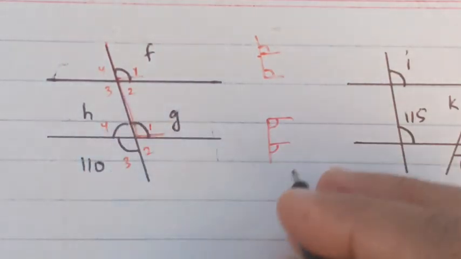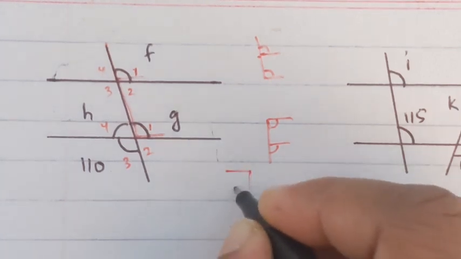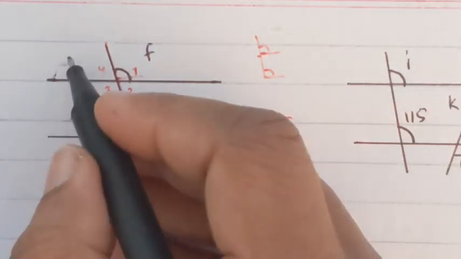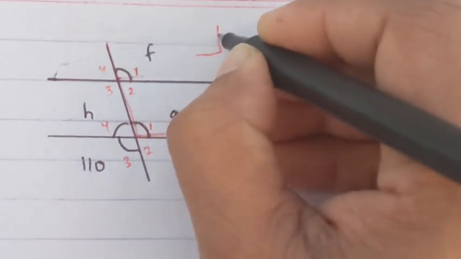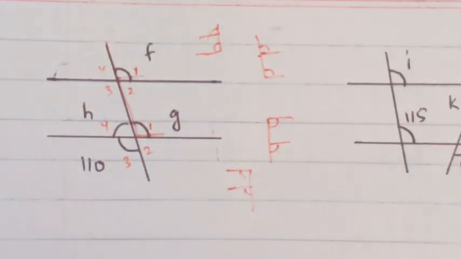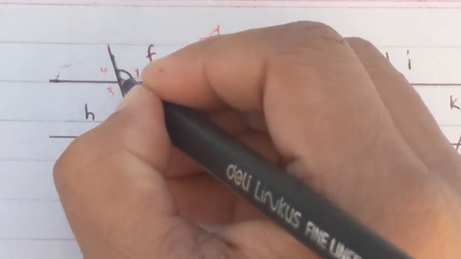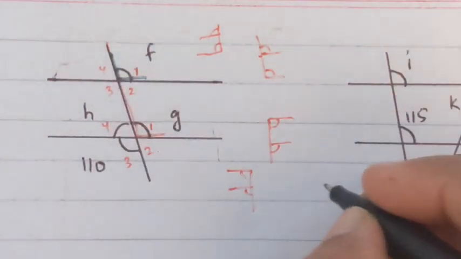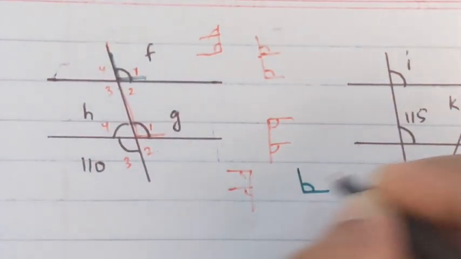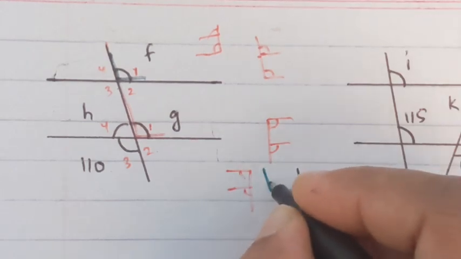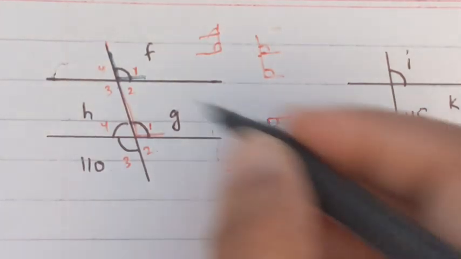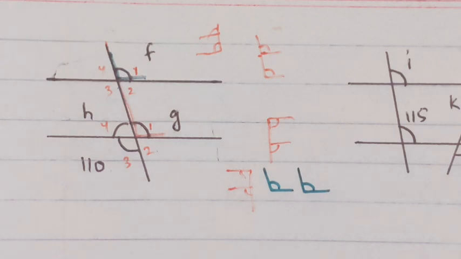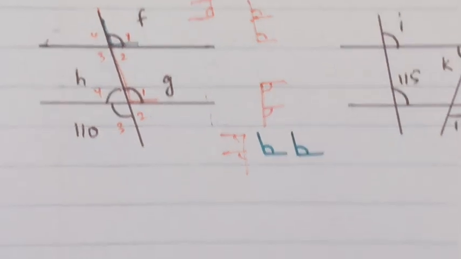For angle 3 and 3 we have a letter like this, and for angle 4 and 4 we have a letter like this. So in all four directions you will see that the two corresponding angles are in the same direction, same position, and also have the same size. See, the two angles are exactly similar. When I draw it, the two are exactly the same, F and G. And since F and G are corresponding, corresponding angles are always equal to each other.